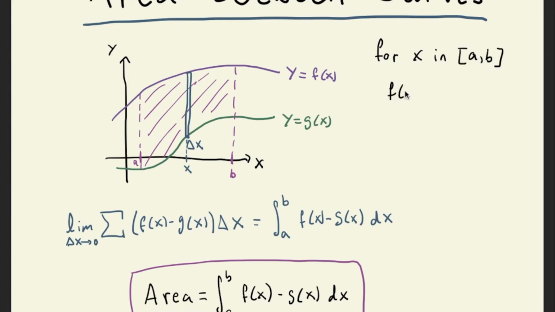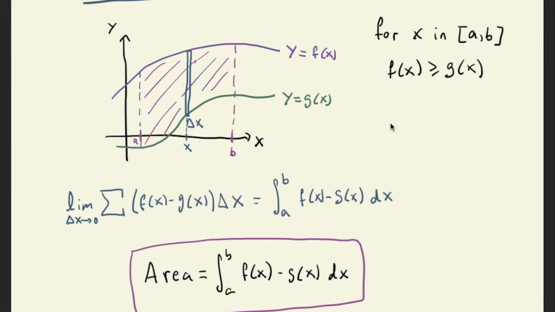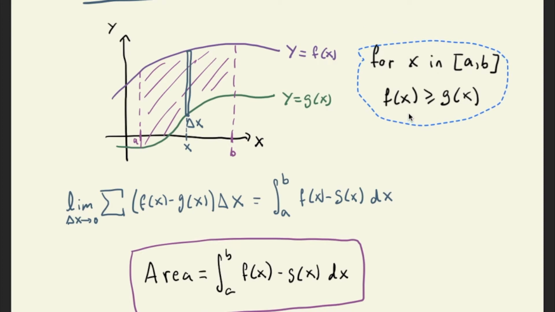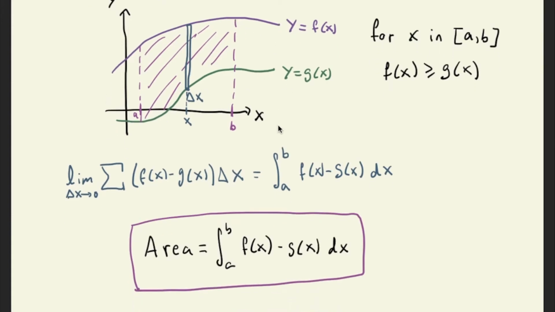this function f of x is bigger than or equal to the function g of x. Okay, this inequality here is saying that, you know, the graph of f of x is always above the graph of g of x, like in this picture here. F of x is purple, and it's always above the graph of g of x.